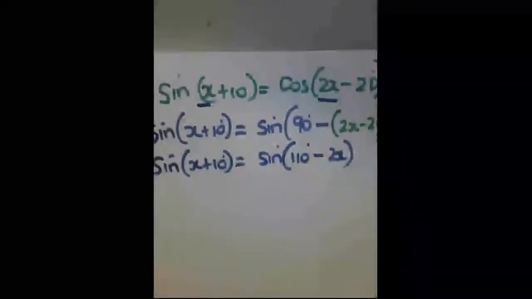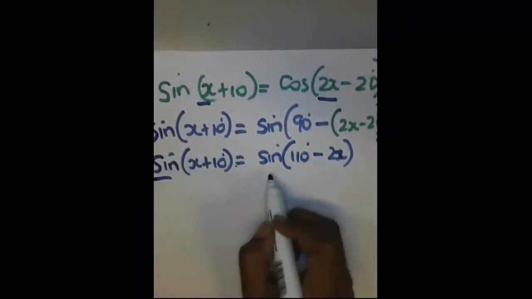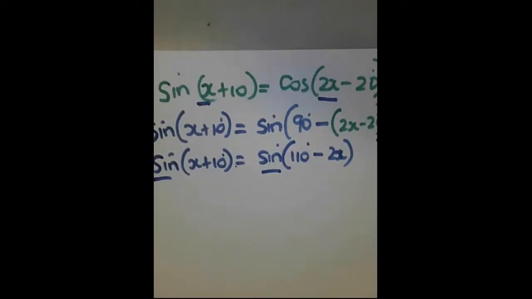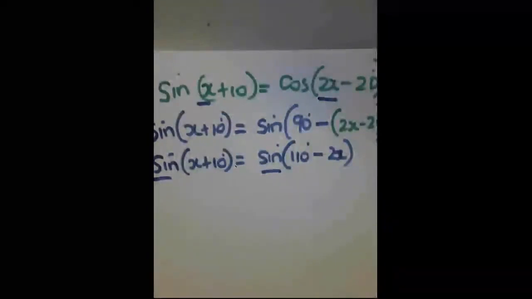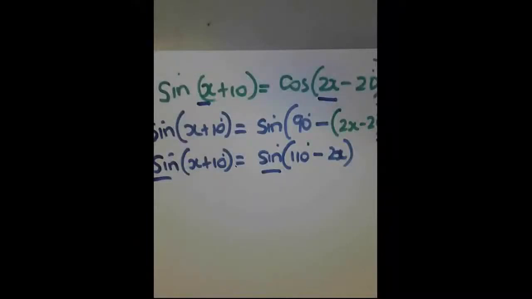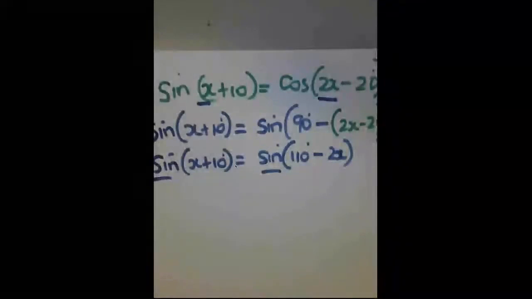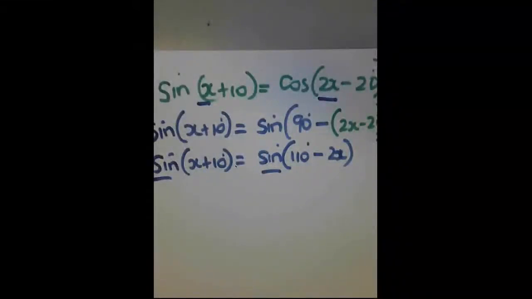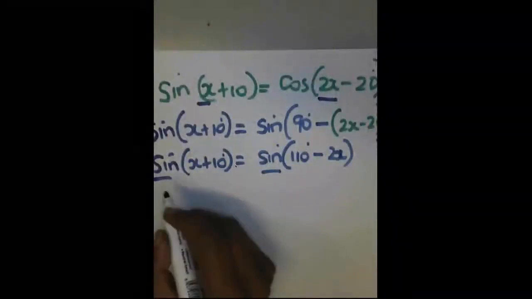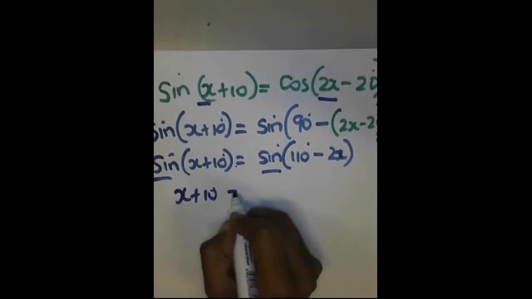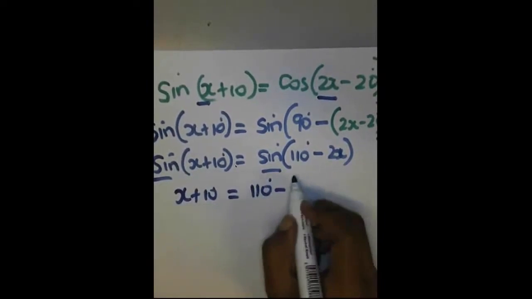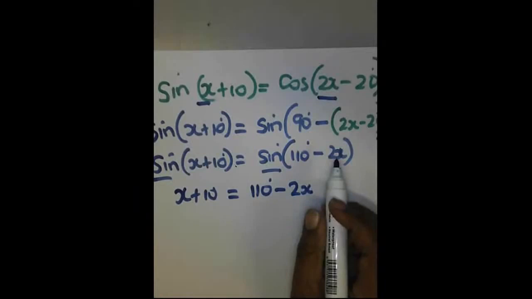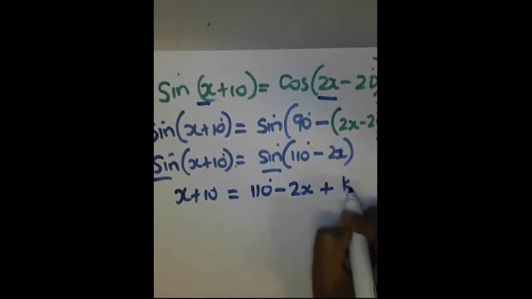Right. Now that I've got it that way, the names are the same, so I can drop the names. Now I must ask myself, in which quadrants is sine positive? Sine is positive in my first and in my fourth quadrant. So I'm going to get x plus 10 degrees is equal to 110 degrees minus 2x, plus k times 360 degrees.